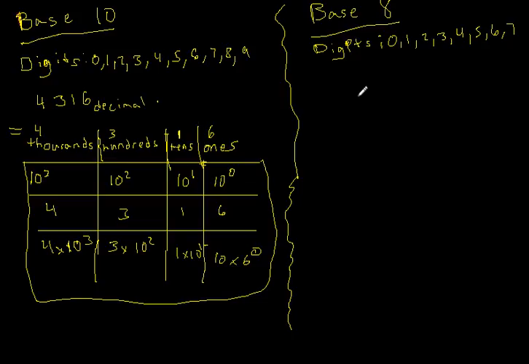And over here in base 8, the place values are powers of 8. So again, I could take a look at the same number, and again, the digits here are 0, 1, 2, 3, 4, 5, 6, 7.